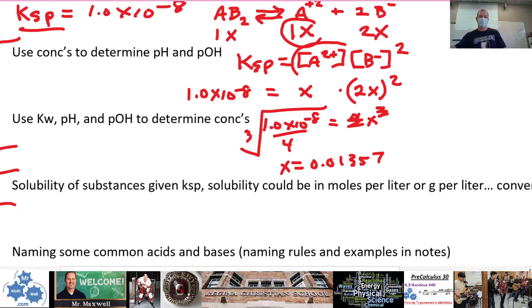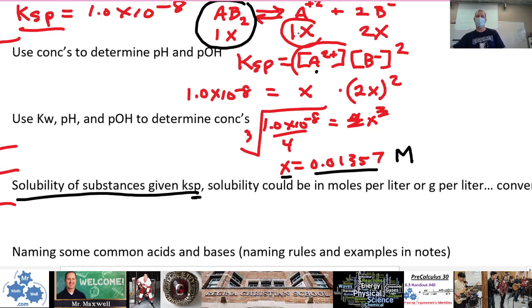So solubility given the KSP: this X right here is the concentration for A. It's half the concentration for B, because we'd have 2x here to get B. But also notice this X is also associated with this AB2. You see that's a 1-to-1 ratio. So what does that mean? It means that this is also the solubility of the compound.